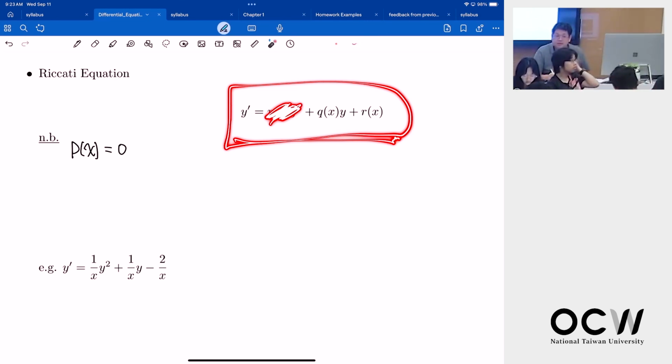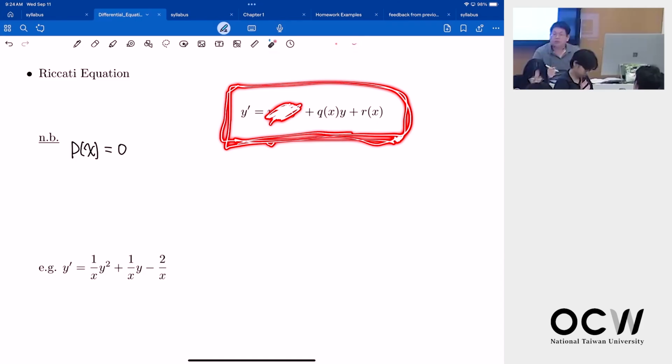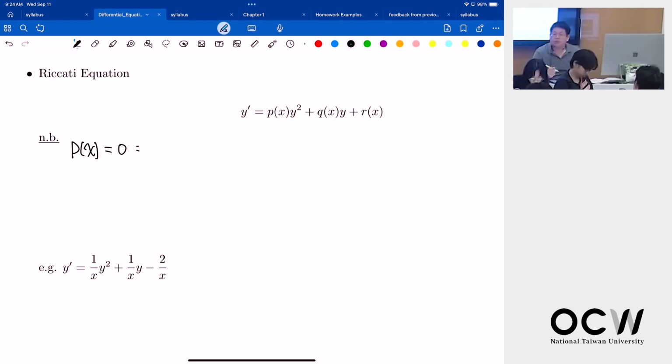Is it linear? Or none of them? If p of x is 0, then this equation is separable, or linear, or exact. Which one? Linear. So this is linear, which means you need to figure out the integrating factor to find the solution.